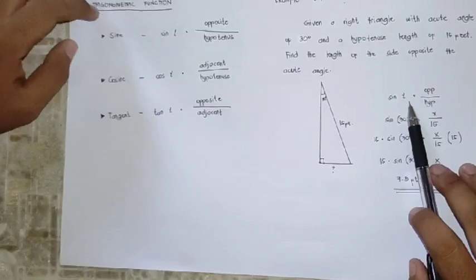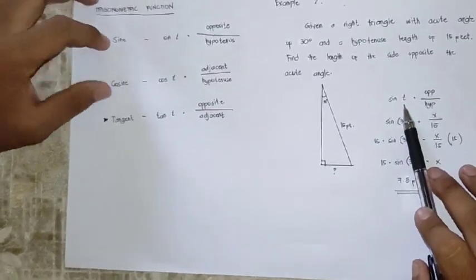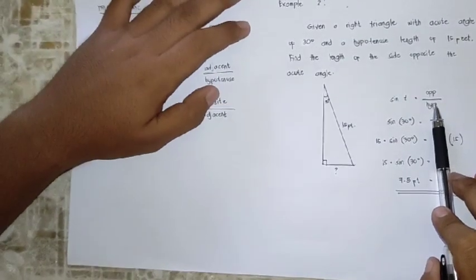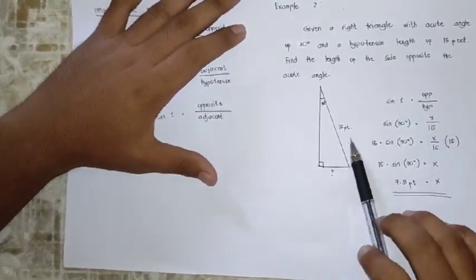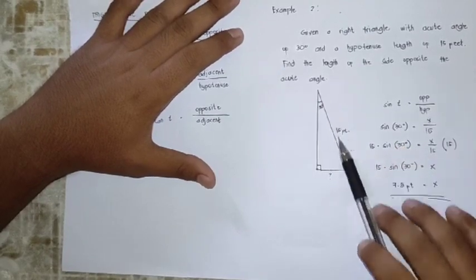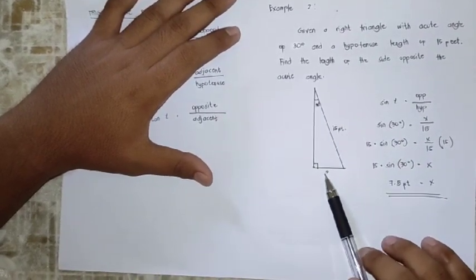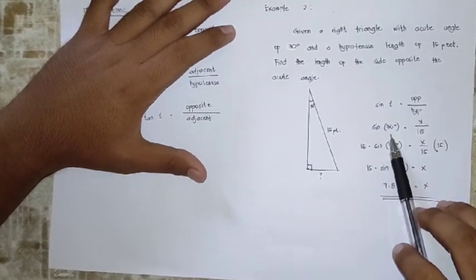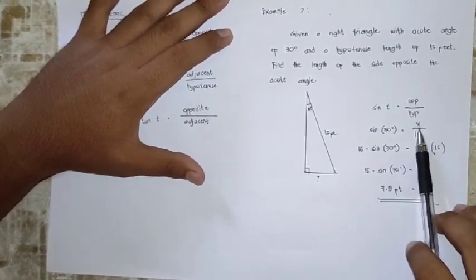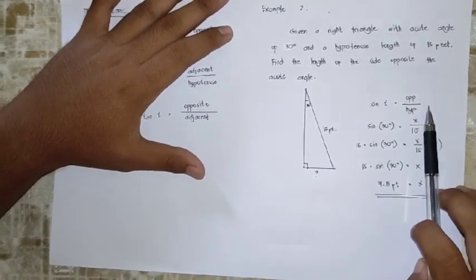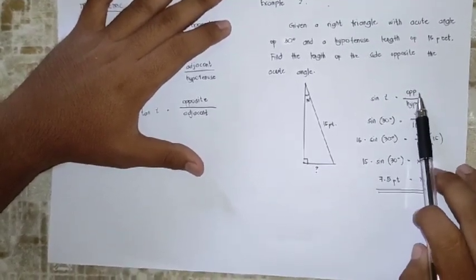So we will use the formula for sine, which is opposite over hypotenuse, since the given information is the hypotenuse side, which is 15 feet, and we will find the value of our opposite side. So sine of 30 degrees is equal to x over 15. Let us assume that our opposite is x.